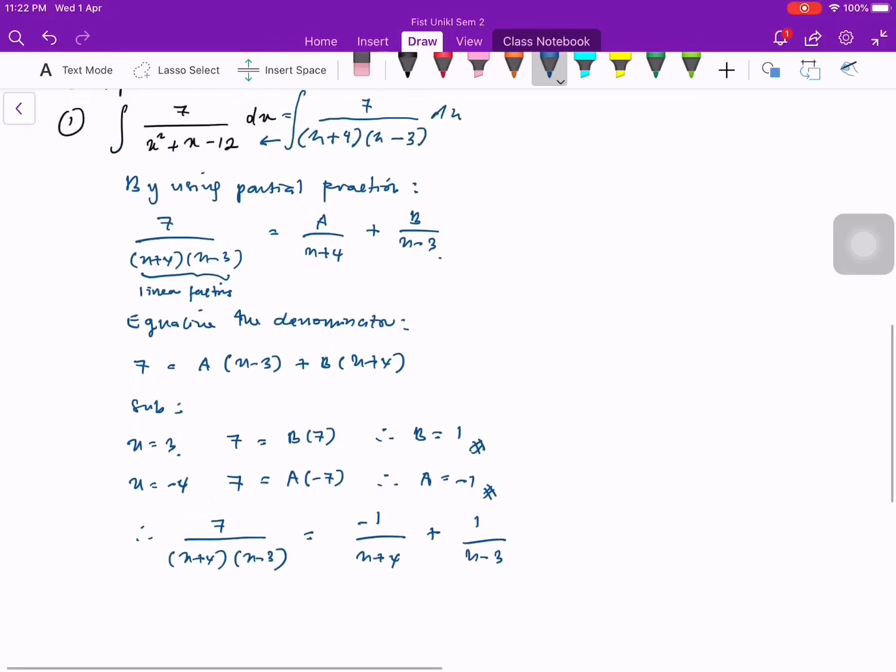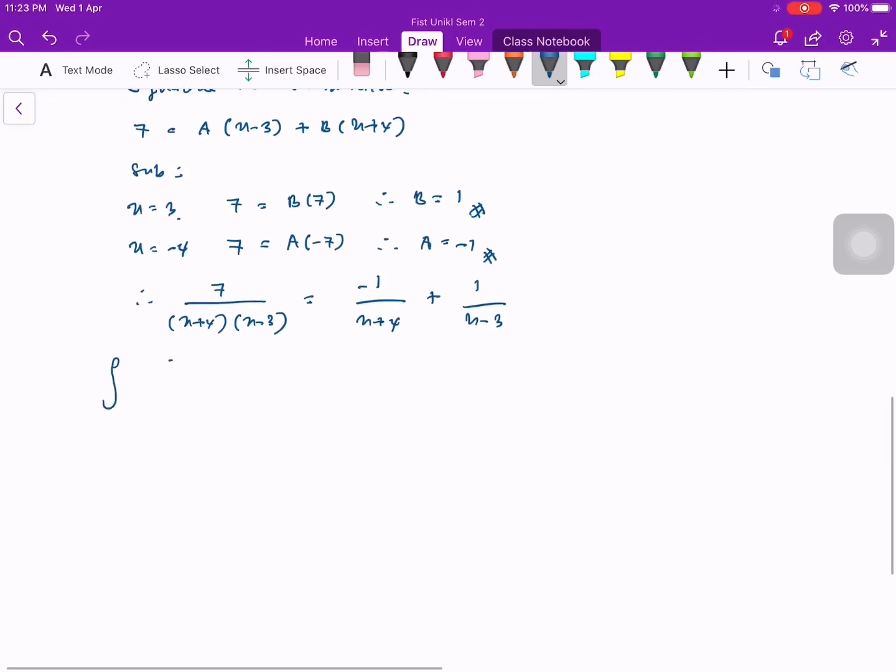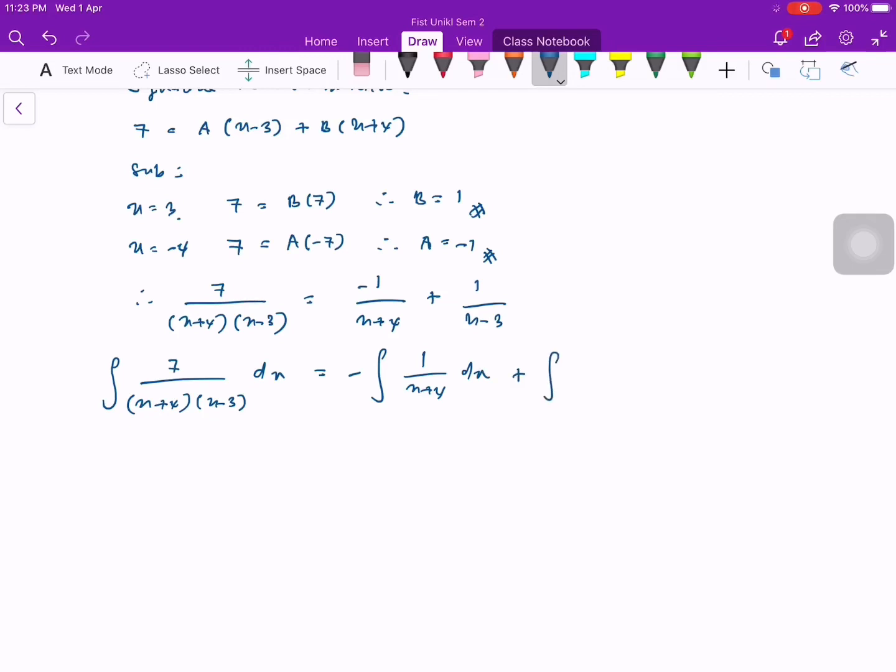Then we'll proceed with the integral. We integrate 7 over (x plus 4)(x minus 3) dx, which means, since negative is a constant, I'm going to take it out from the integral: integral of 1 over x plus 4 dx plus integral of 1 over x minus 3 dx.